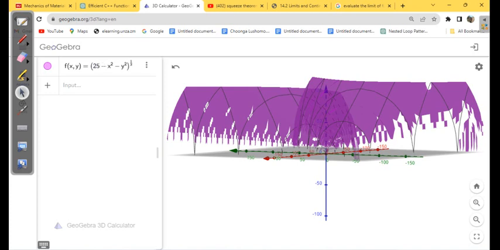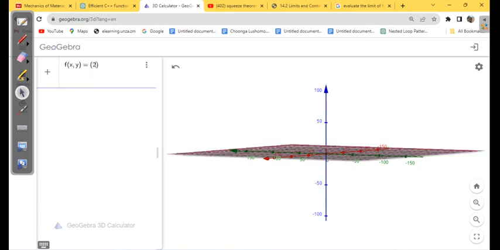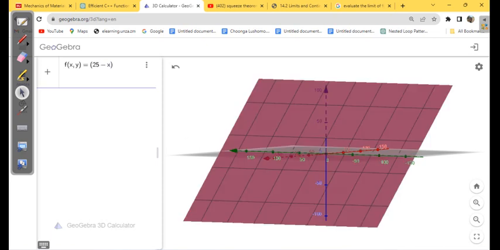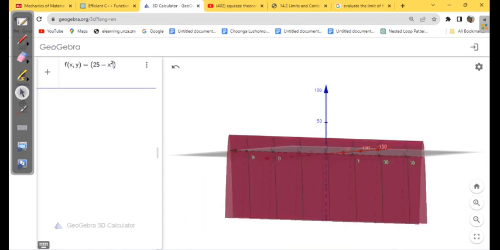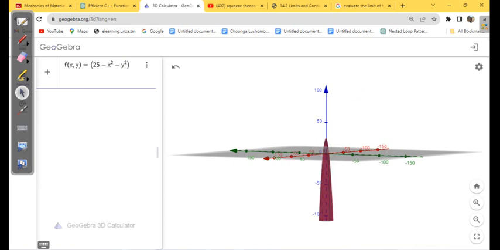Okay, let me just say we have our f of x, y equals 25 minus x squared minus y squared, and you raise this to the power 1 over 2.